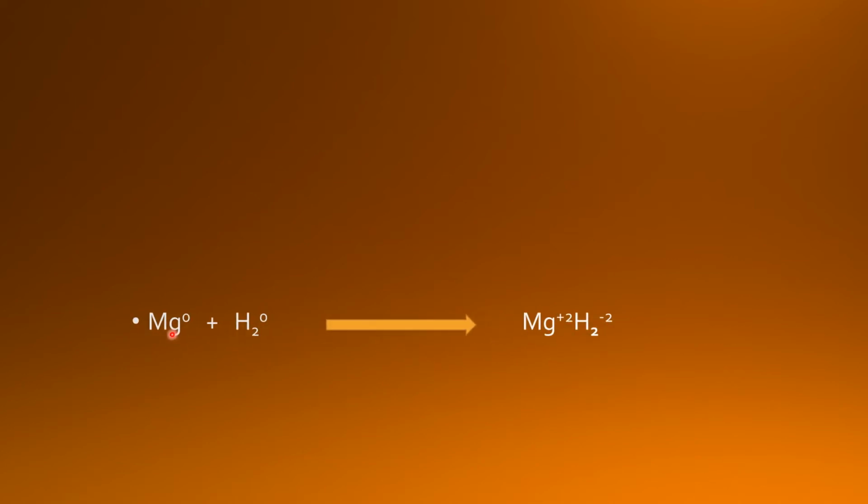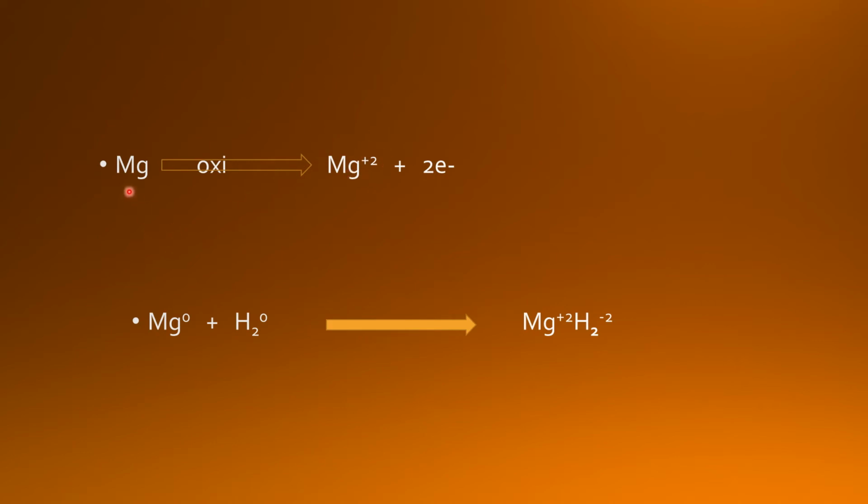And in this example, the reaction is between magnesium and hydrogen, and the product is magnesium hydride. Here, which atom will be oxidized and which one will be reduced? We see that magnesium, being a metal, will lose 2 electrons, and after losing the 2 electrons it will gain the +2 oxidation state.